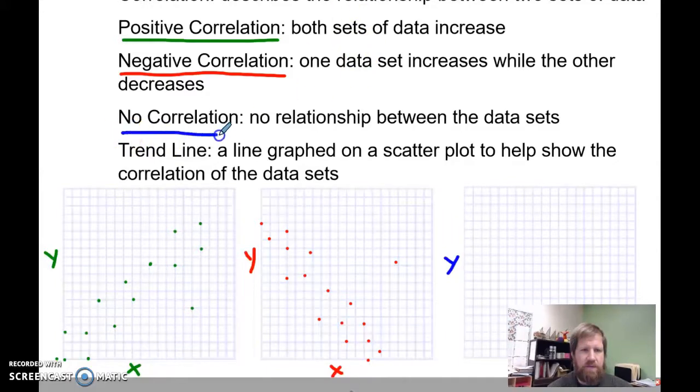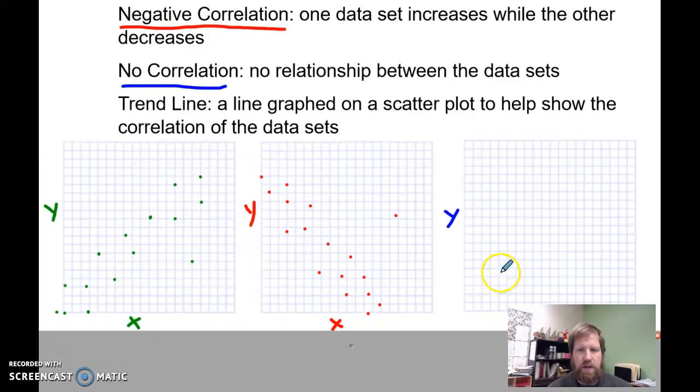The last type of correlation is no correlation, and that is where you have points all over the place that don't show any real slope. There's no real rhyme or reason to where these are laid out.